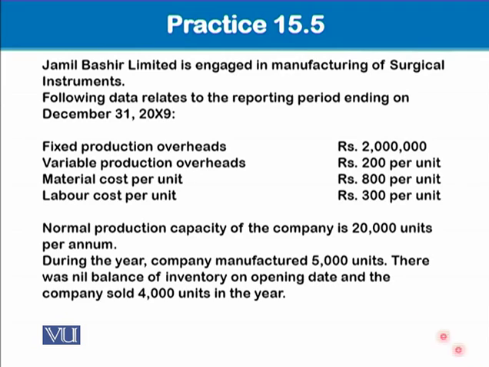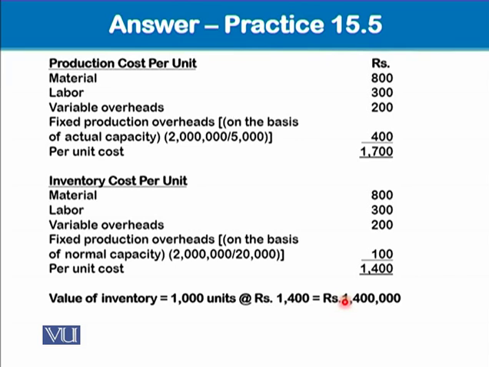Production was 5,000 units and the company could sell 4,000 units. What does it mean? That we have an inventory of 1,000 units with us. So let's see how the cost of these 1,000 units will be worked out.